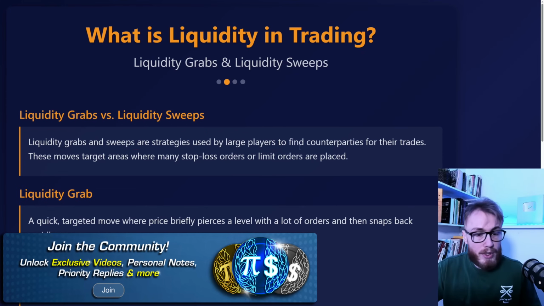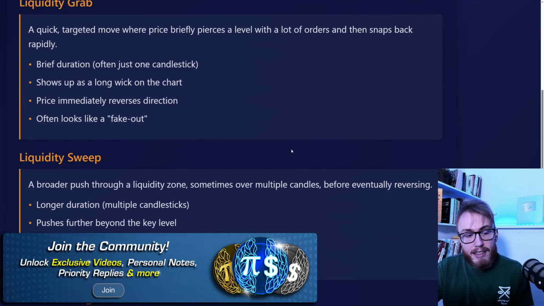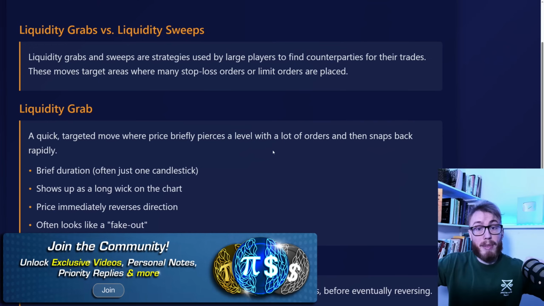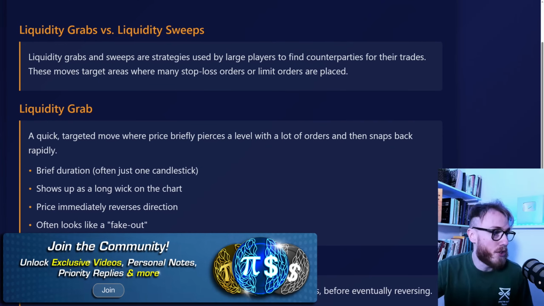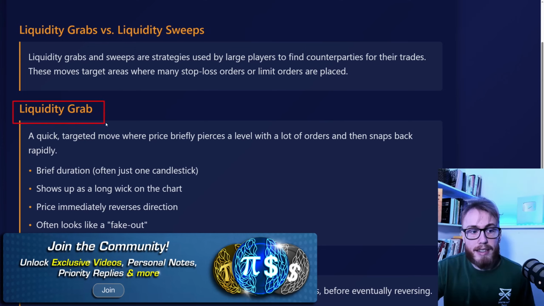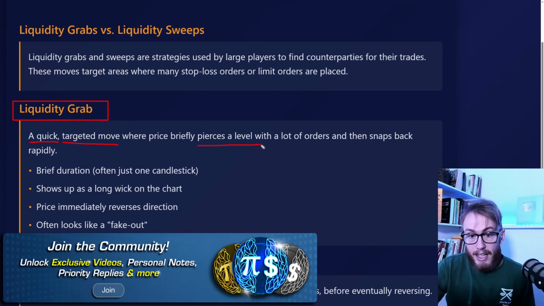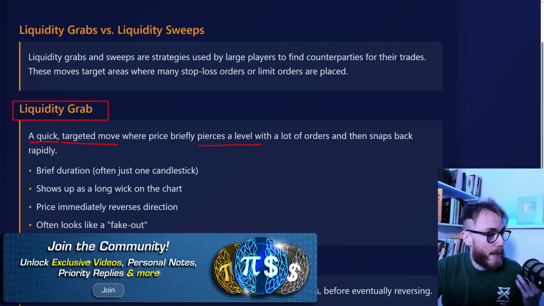But first, we need to understand that there's a slight difference between a liquidity grab and a liquidity sweep. Some traders will use them to mean exactly the same thing, but there is a bit of nuance here. So let's first take a look at the liquidity grab. A liquidity grab is a quick targeted move where the price briefly breaks or pierces a level with a lot of orders and then snaps back.